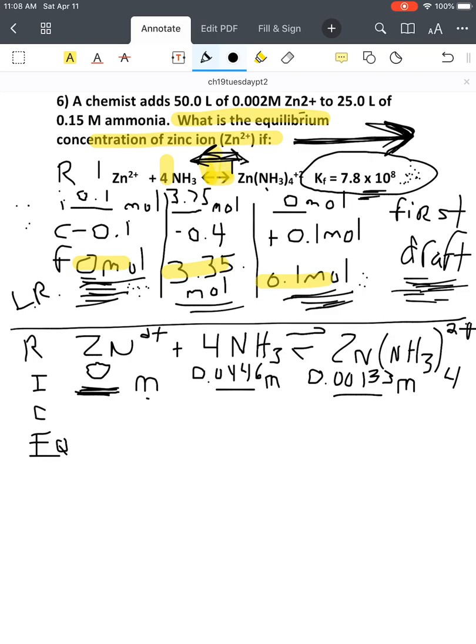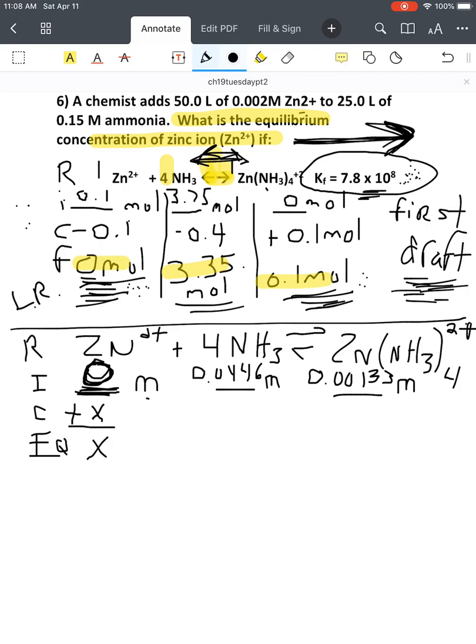It's a true equilibrium, a two-way street. So while the zinc is really good at binding the ammonia, it's not perfect. So because of that, having this zero right here overestimates zinc's ability to bind. What we should realize is that while we're going to have a small concentration of zinc, it's not going to be zero.